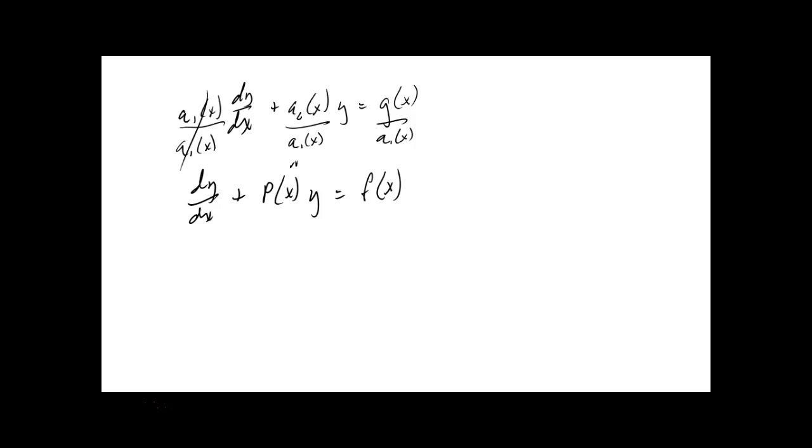Now this is what we're going to refer to, from now on, as our standard form of a linear first order differential equation. We're not going to have the coefficient function of your first derivative being some a of x. We're going to divide it out so you just have a naked dy dx. Okay? Just that by itself.